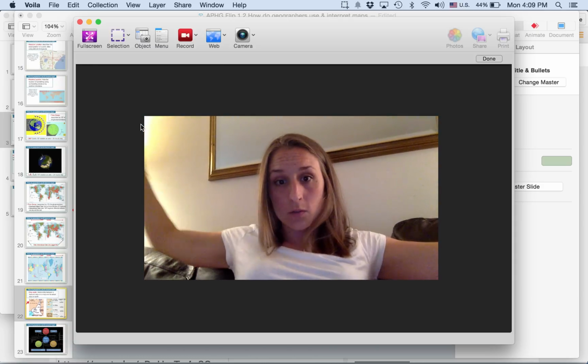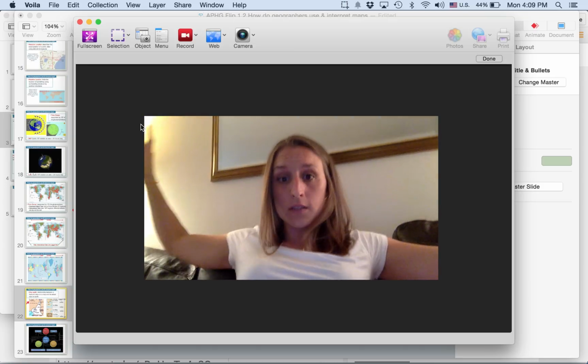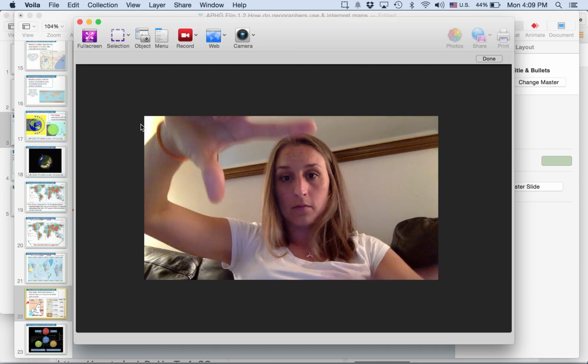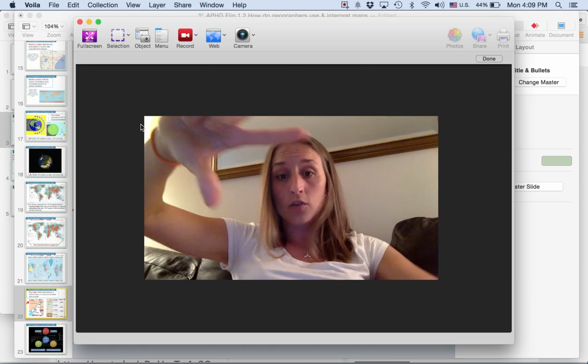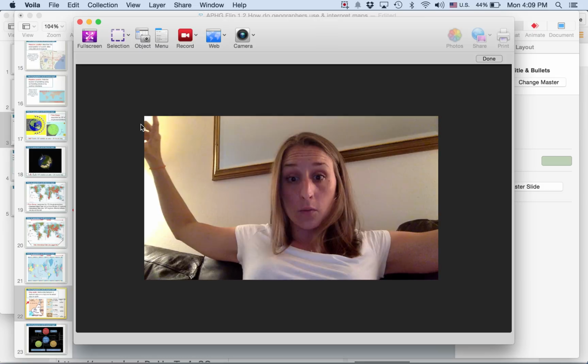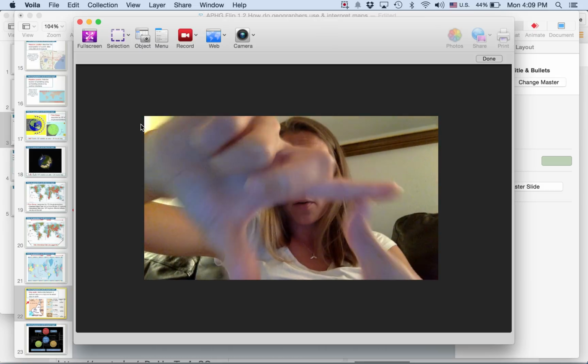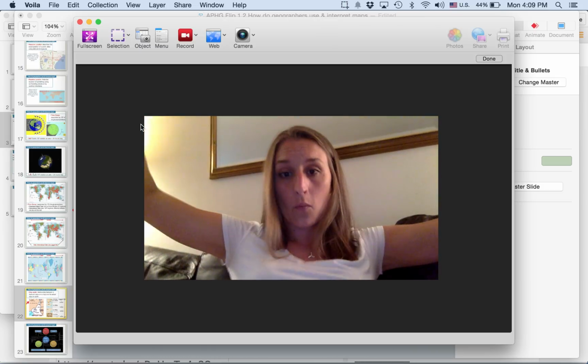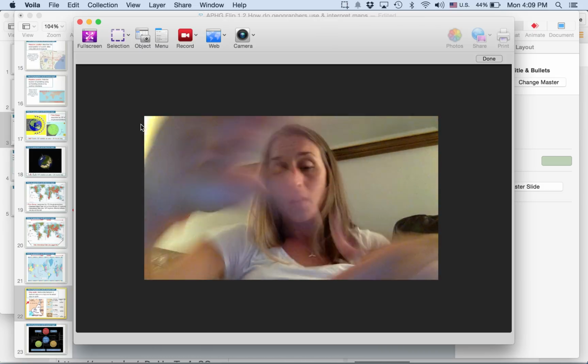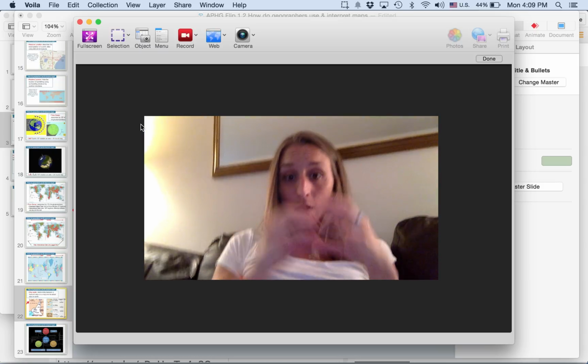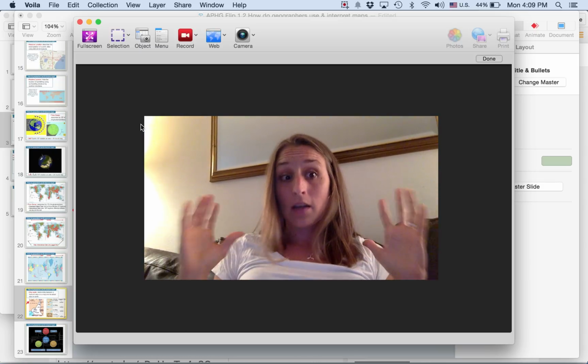Think about the difference between how far your arms move. If this is the real world and this is a world map, you just moved in a little bit. If this is the real world and this is a city map or a neighborhood map, you had to scale way, way down in order to create that map. So the difference between that map itself and the real world is huge.